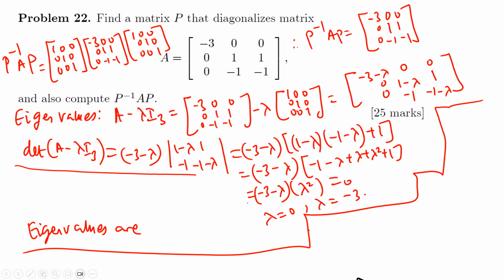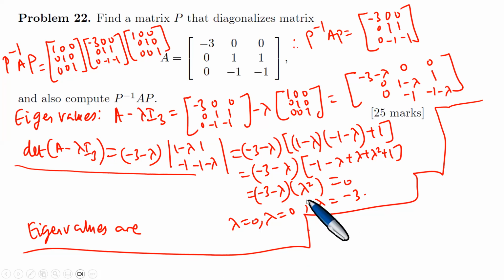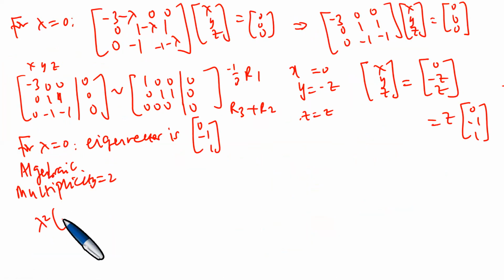So in the true sense, lambda equals 0 twice because lambda squared equals 0. This one is of algebraic multiplicity 2 because it is lambda squared into minus 3 minus lambda, which means lambda equals 0, lambda equals 0, lambda equals minus 3.